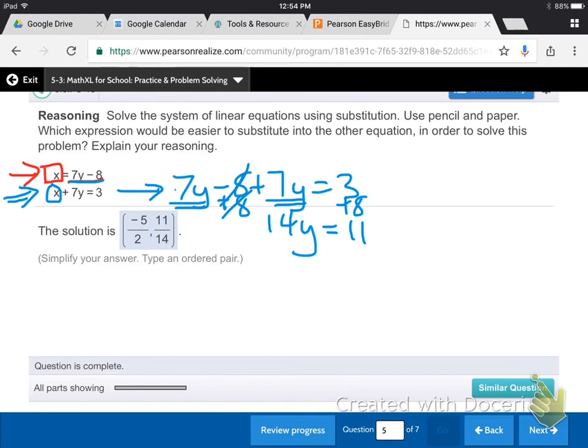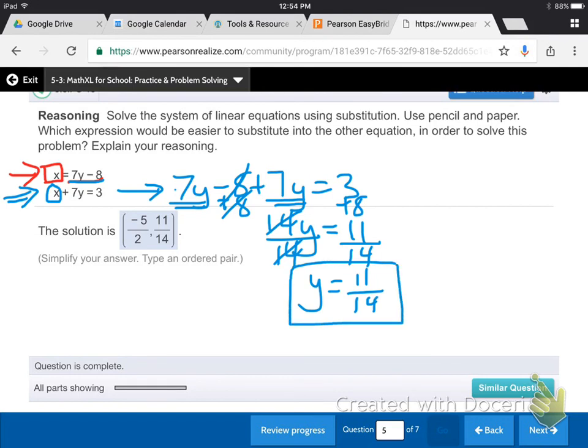So we got 7y plus 7y is 14y. 8's cancel. If you add 8 to 3, you get 11. Now if we divide both sides by 14, 14's are going to cancel, and y is going to equal 11 over 14. That's one answer. Now, we have to come back up into one of the original equations to solve for what x is.